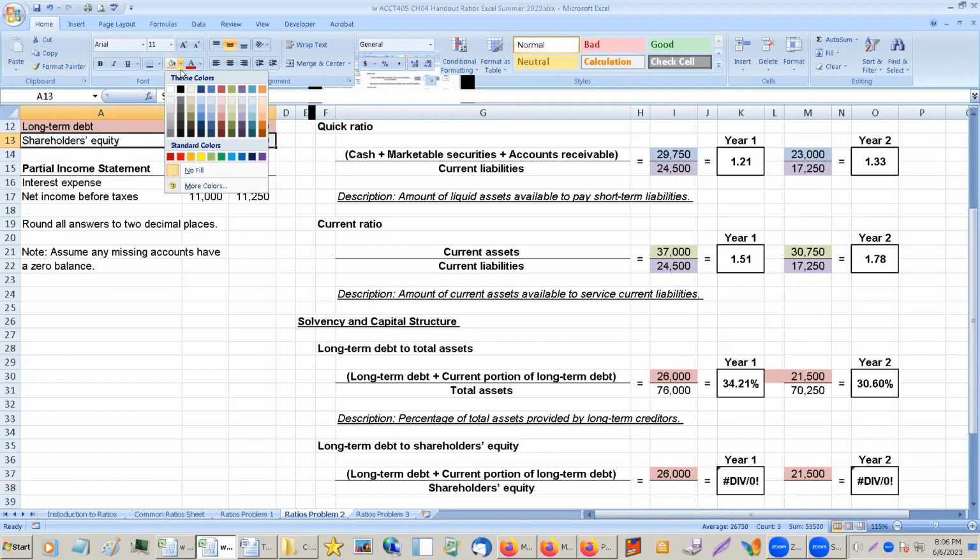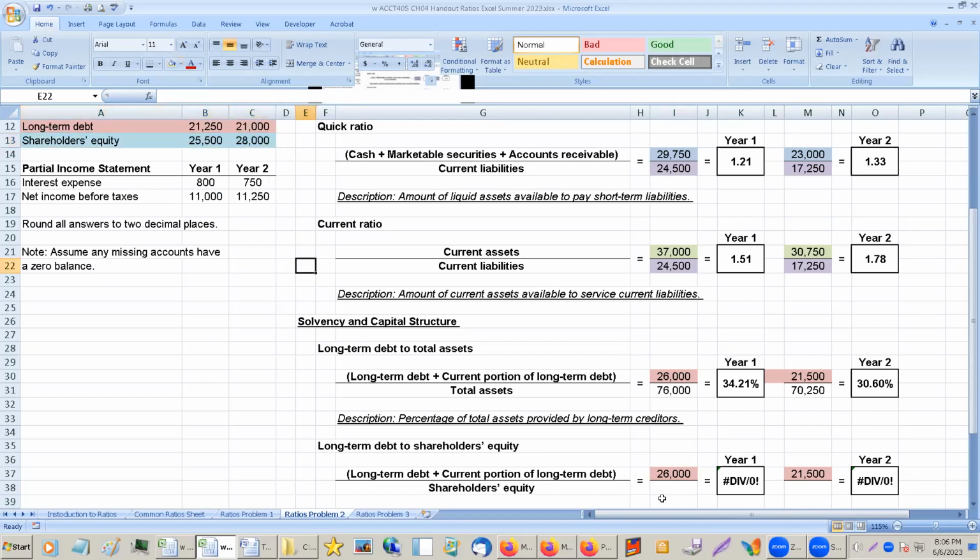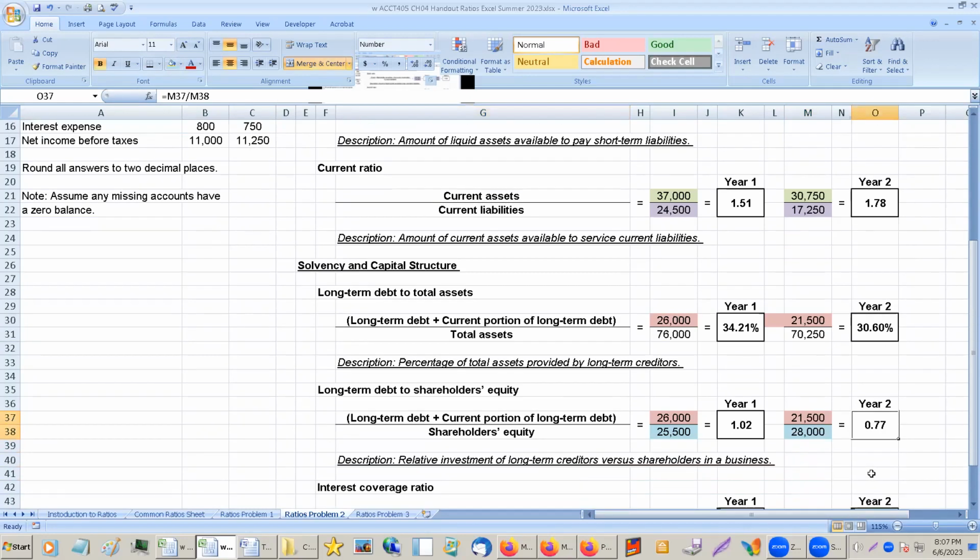Let's make that, I'm running out of colors here. Okay, and this one got better also. You see the bad stuff on top, debt reduces it.